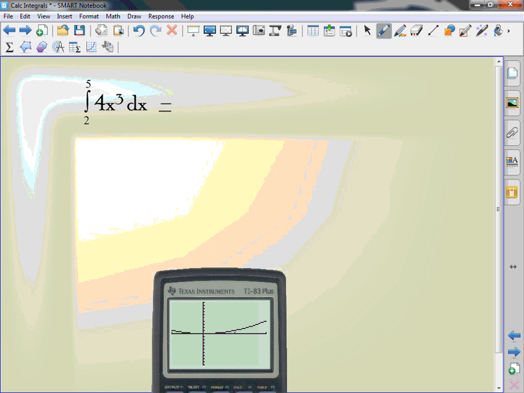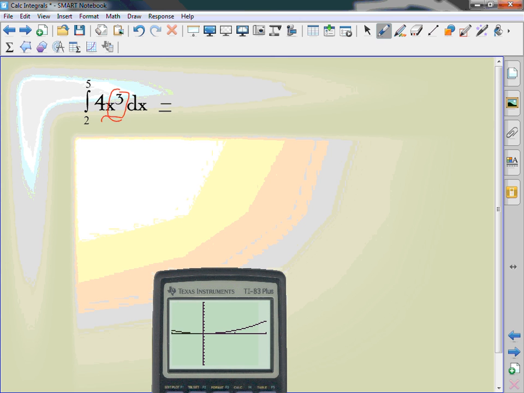I have the integral of 4x cubed from 2 to 5. All I have to do is take the antiderivative of 4x cubed, which some of you do it this way.